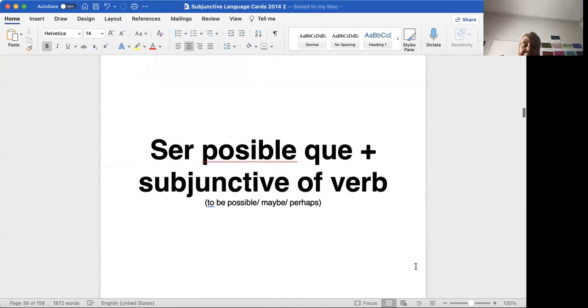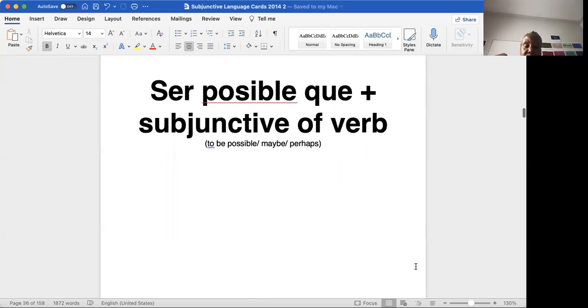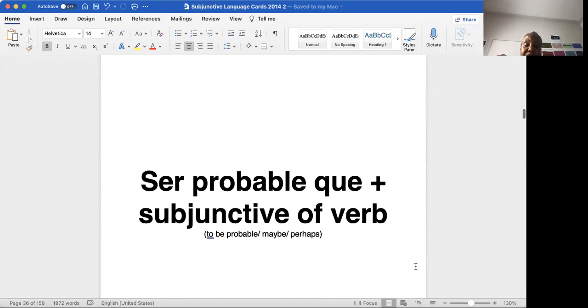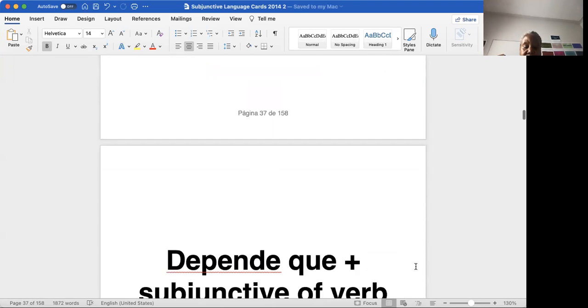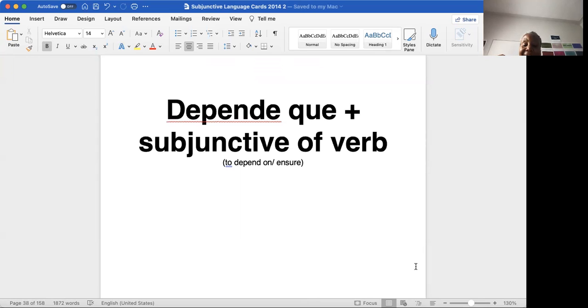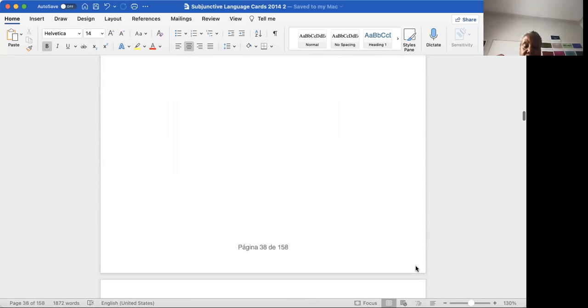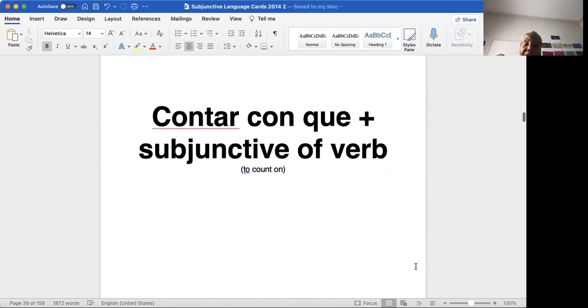Ser posible que, to be possible, or you can translate it as maybe or perhaps. Ser probable que, to be probable, maybe or perhaps. Depende que, to depend on, to ensure. Contar con que, to count on.